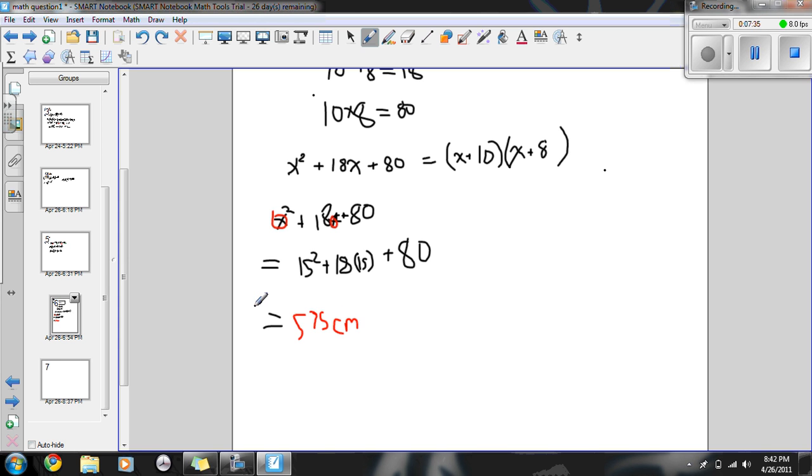That's what the area equals. Oh yeah, and since it's area, it has to be centimeters squared. So yeah, okay, now this question.